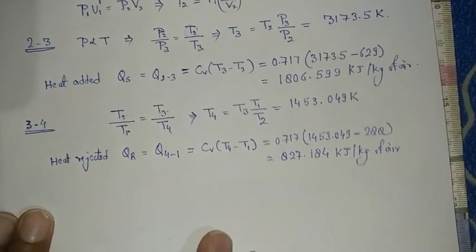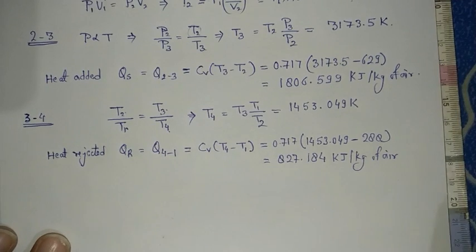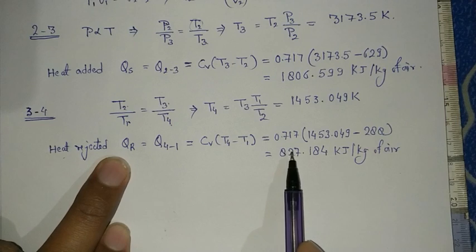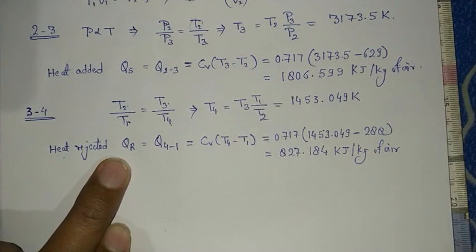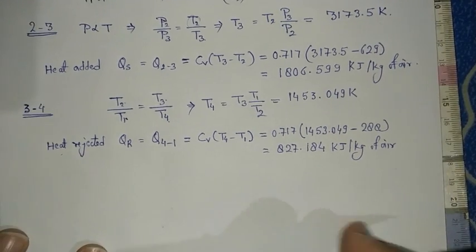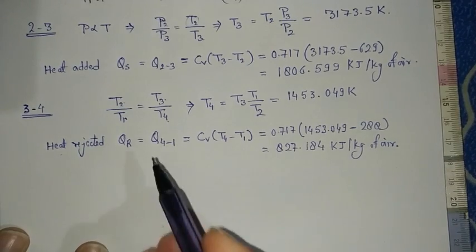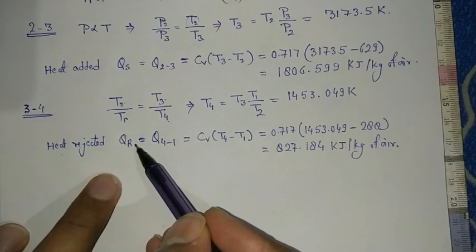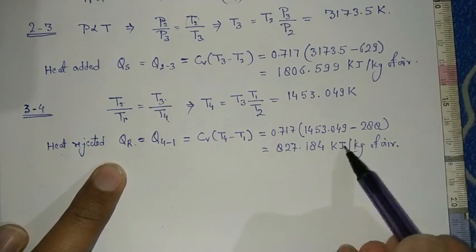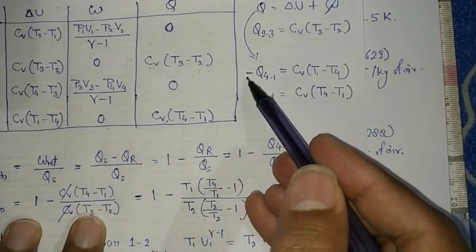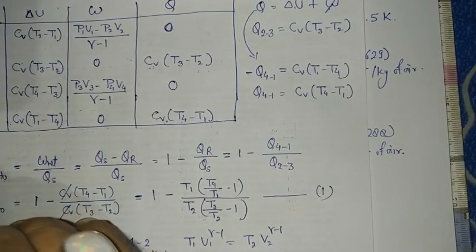See, I would like to ask one question. Here the heat is being rejected, but we are still getting the magnitude in positive numbers. Why is that? Please pause the video and think about it. So let me answer that. Here the heat is being rejected, still we are getting the magnitude in positive sign because we have already considered the negative sign in the analysis.